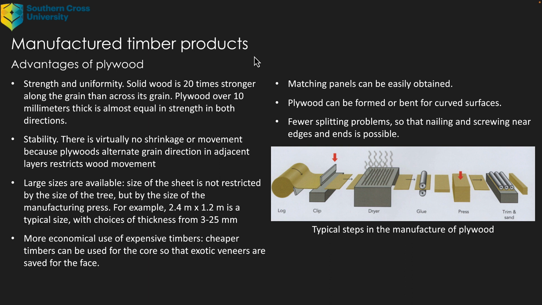Matching panels can be easily obtained, and plywood can be formed or bent for curved surfaces. It has fewer splitting problems, so that nailing and screwing near edges and ends is possible. And you can see there just an outline of how plywood is made.